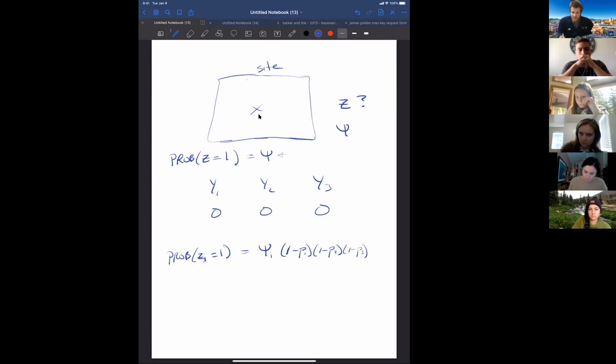Had we not gone there, our naive estimate of occupancy would be psi. But we went there and searched, and we didn't see anything. So let's incorporate that information in helping us figure out what Z really is.